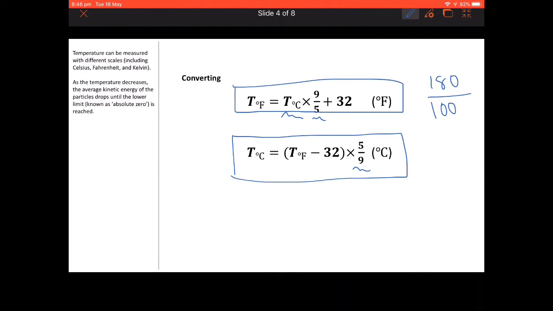This simplifies down to 9/5, hence that's why we've got the 9 and the 5, or the 9/5 and the 5/9 in this equation. The 32 just adjusts for the difference in freezing point value. So the freezing point of Fahrenheit is 32, freezing point of Celsius is 0, so the difference between the two is 32.